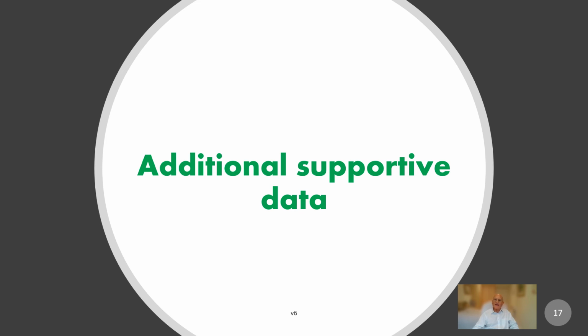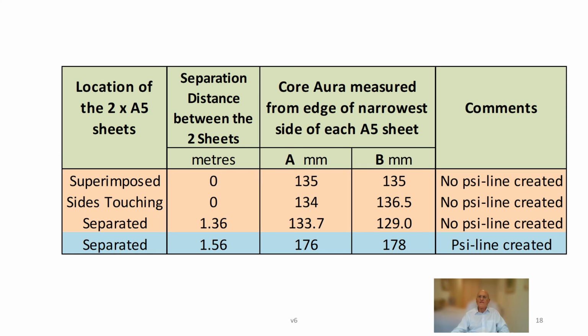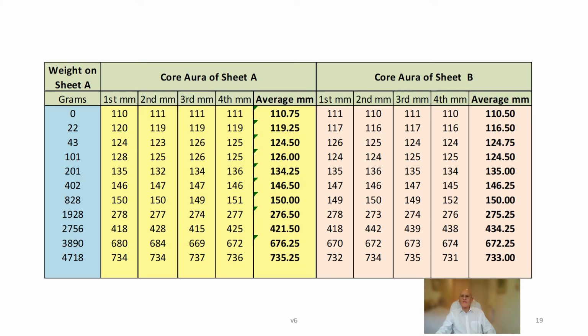There follows a selection of supportive charts, tables, universal constants, and graphs with a brief commentary. Whilst the 2 sheets of paper were being separated, the blue line shows the process when an entanglement psi line was being created.